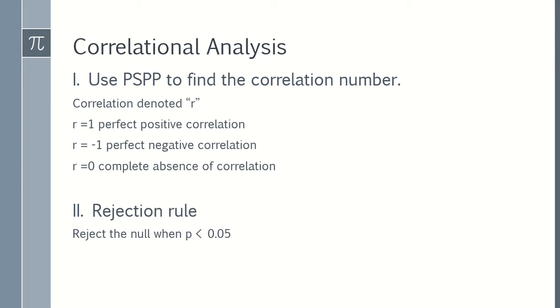If r is equal to -1, it means we found a perfect negative correlation. When r is equal to 0, that would mean that there is a complete absence of correlation. It is also important to note that we will reject the null when the p-value is lower than the significance level. In our case, we reject the null when the p-value is lower than 0.05.